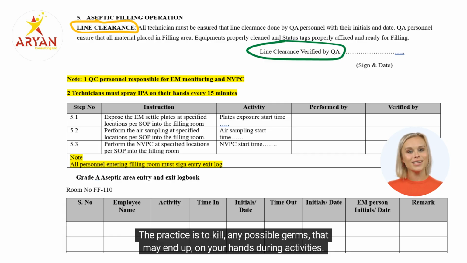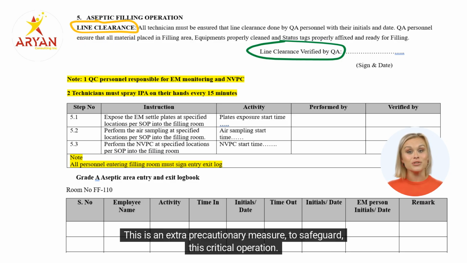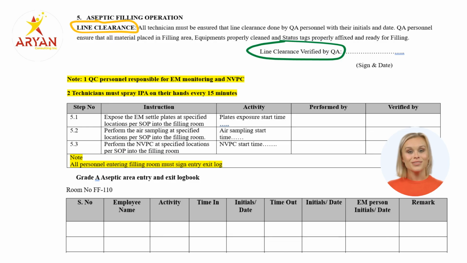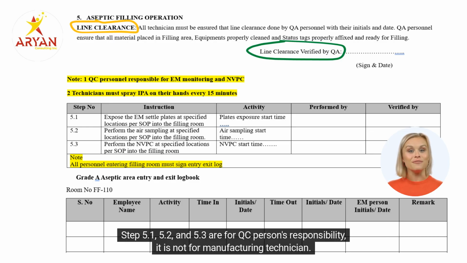The practice is to kill any possible germs that may end up on your hands during activities. This is an extra precautionary measure to safeguard this critical operation. Step 5.1, 5.2, and 5.3 are for QC person's responsibility. It is not for manufacturing technician.